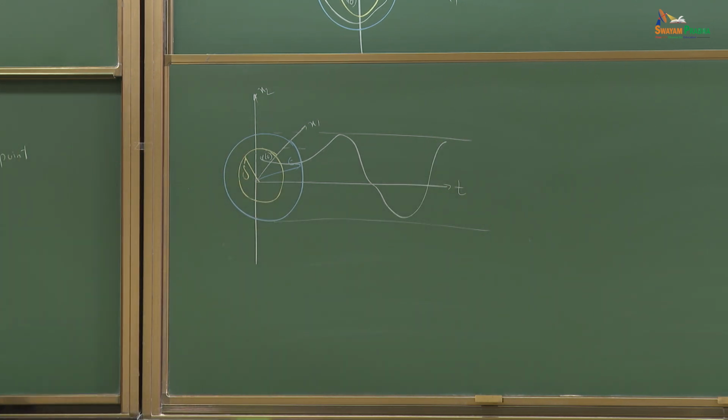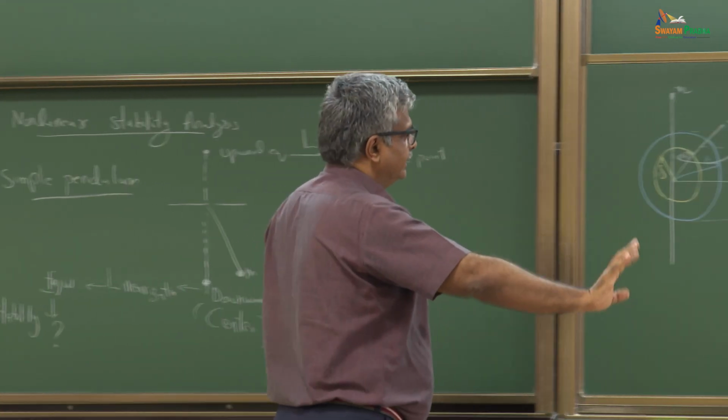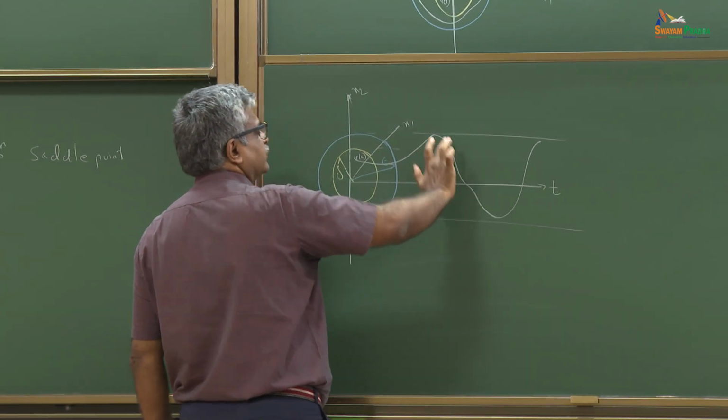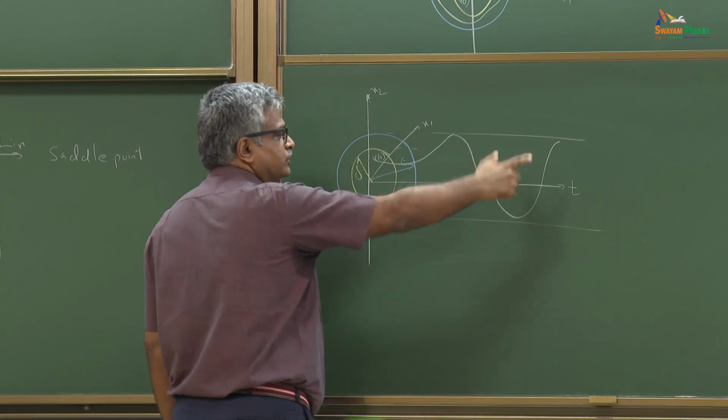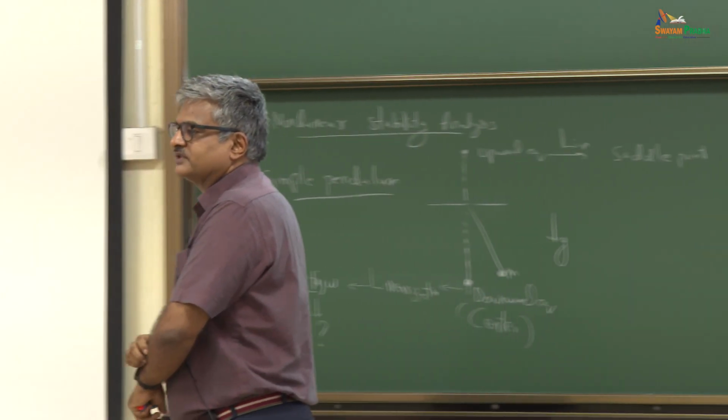It doesn't go out of that tube, if you think of time as the third axis. So there's x1, x2, and the time axis, and the propagation of the trajectory should be such that it lies in this tube of epsilon radius. So this is the requirement for stability.